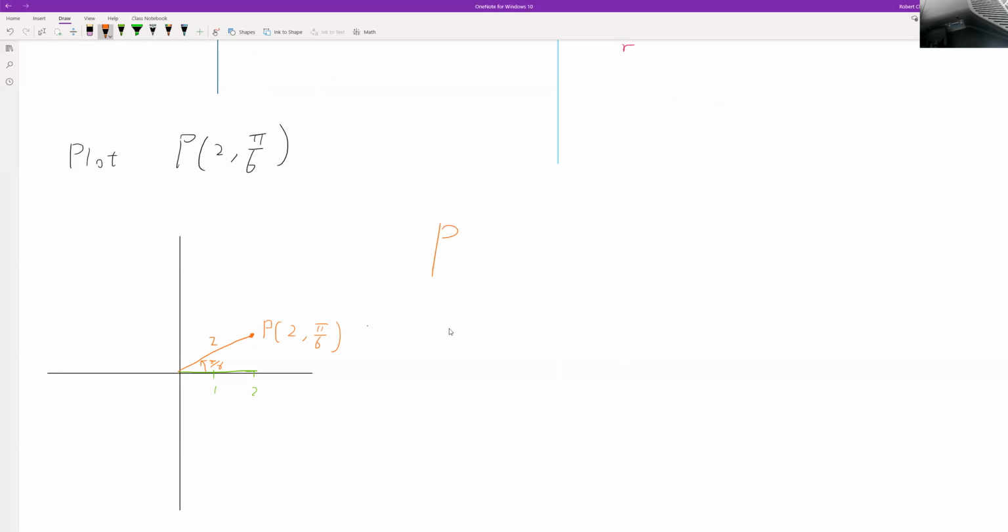So let's talk a little bit about these two parameters, r and theta. r is going to be the distance from the origin to the point, where the origin is the same thing, and theta is the angle from the initial ray to OP.